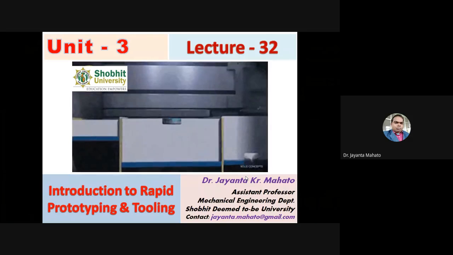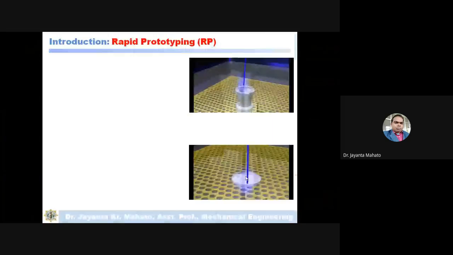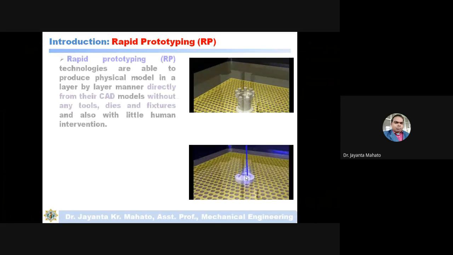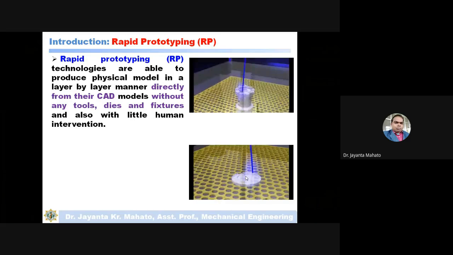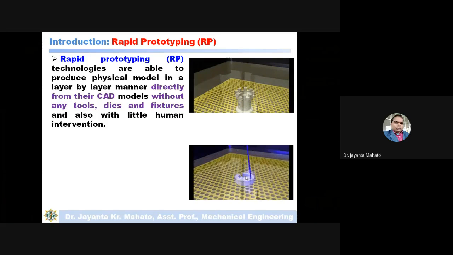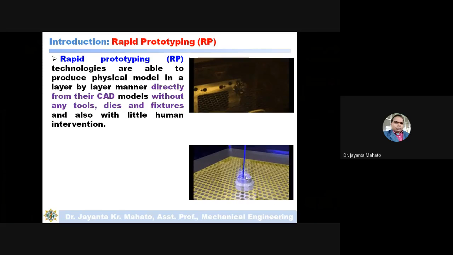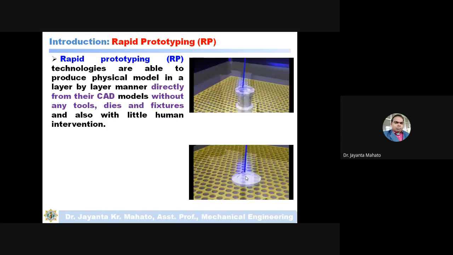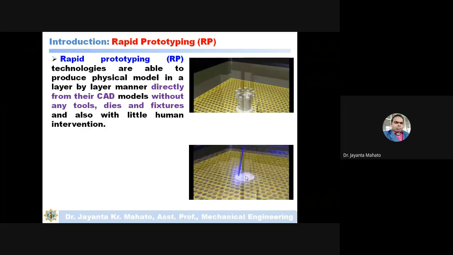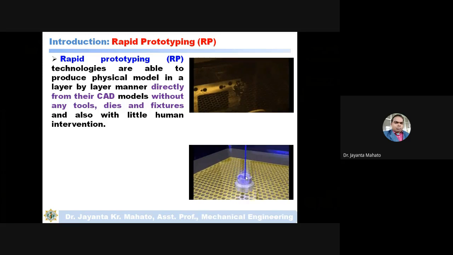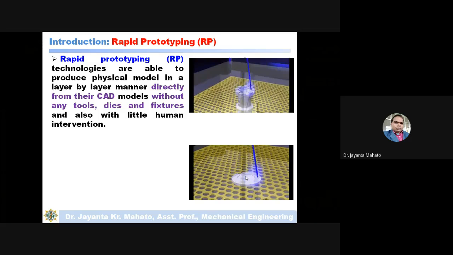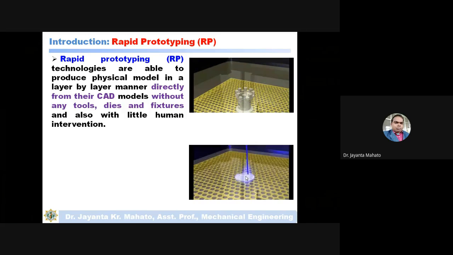Okay, so this rapid prototyping technology is able to produce a physical model in a layer by layer manner directly from CAD models, and sometimes the product can be manufactured without the help of tools, dies and fixtures, with little human intervention.